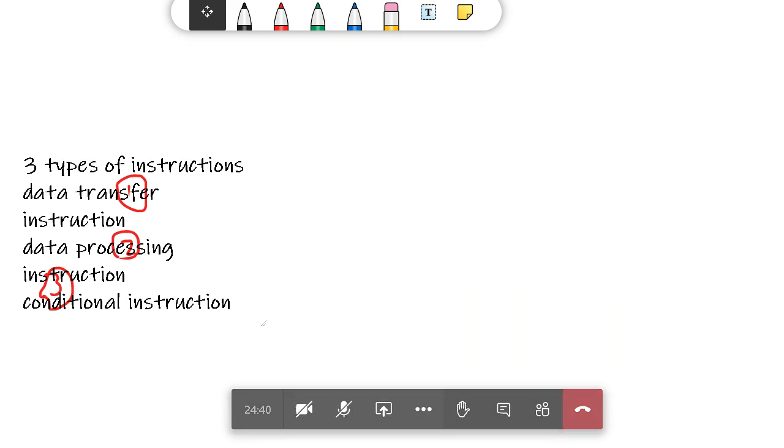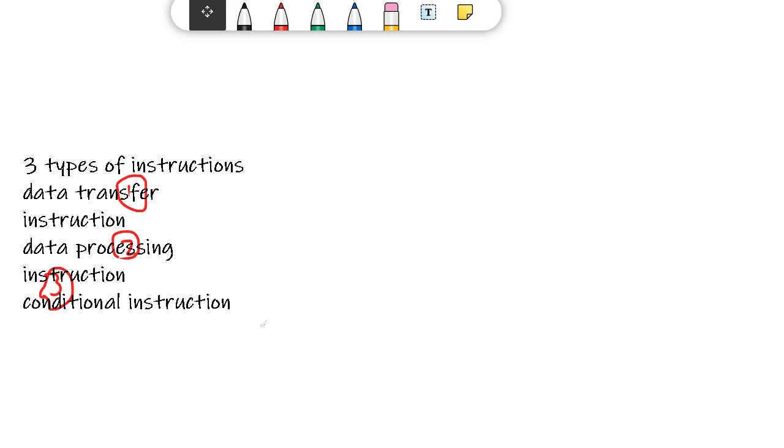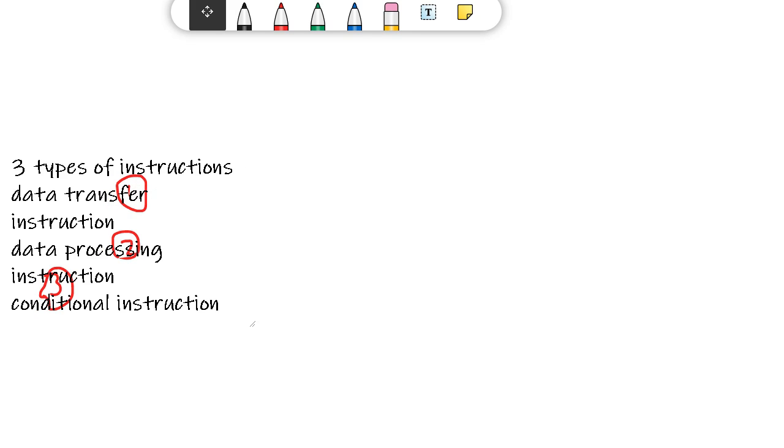All the data are stored in memory, so we have to move the data from memory to register, or from the register to memory. Both ways are possible. Or we can move some immediate value, some number, to a register. That is also possible, correct?